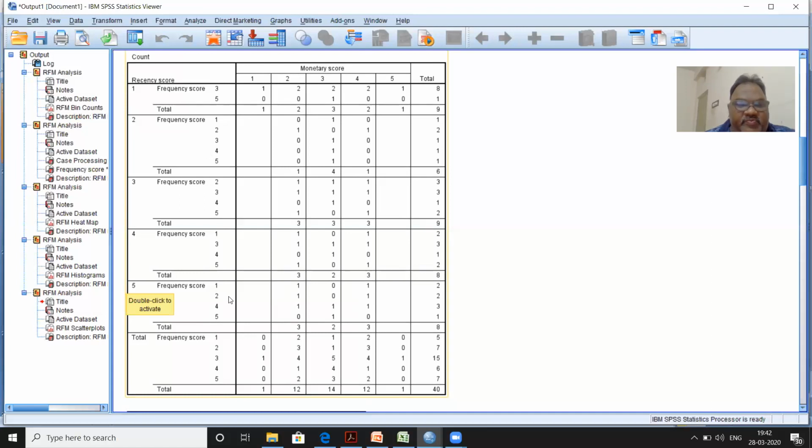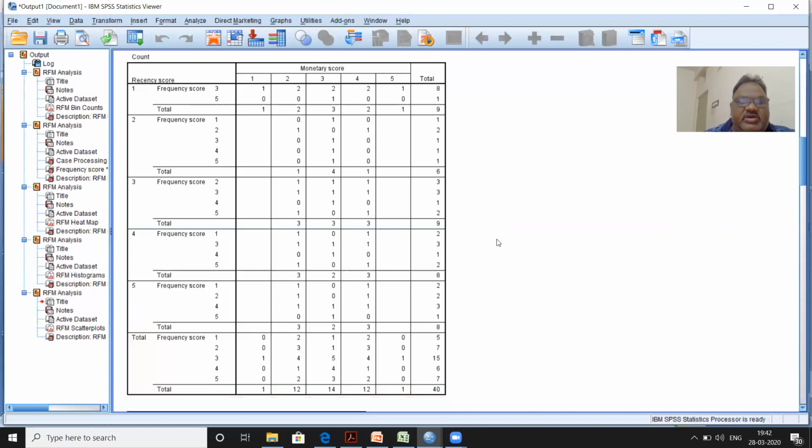There is only 5, 1, 4, only one customer. 5, 2, frequency 2, and 4 is again one customer. 5 is your recency, 5 is your frequency, and 4 is 0. It means those customers in this organization who visited recently and are frequent visitors are not high spenders. This is the main problem of the organization.